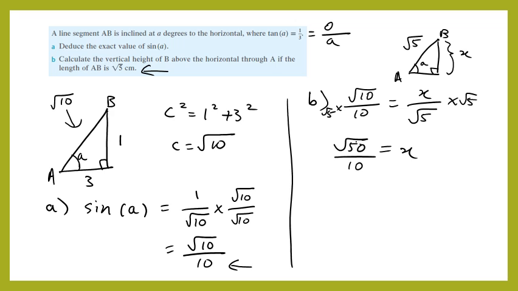Now, if you don't remember how to solve that, the surd can always be simplified into its squares. So square root of 50, there's a 25 in there because it's 25 times 2. Then, what's square root of 25? 5.